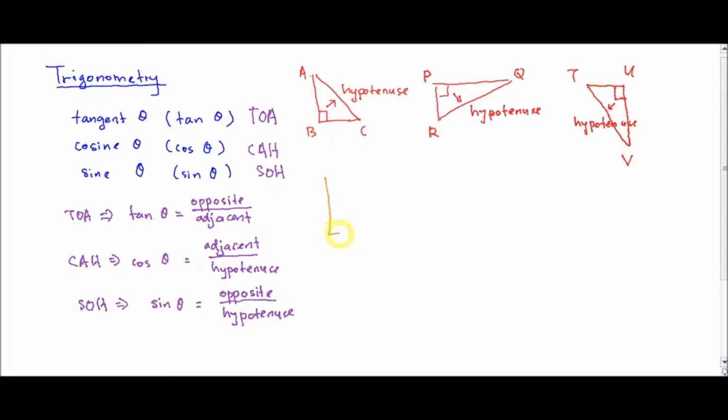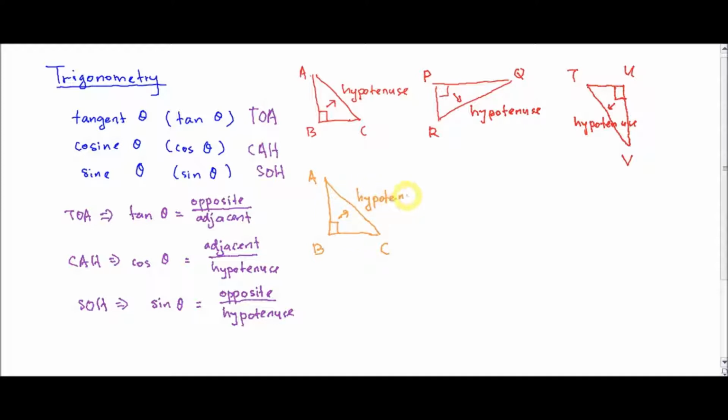If you have a right angle triangle here, A, B, and C, determining the hypotenuse will definitely be no problem. Very easy. It's the longest side of a right angle triangle, and it is opposite the right angle. So here will be the hypotenuse. No problem, right?